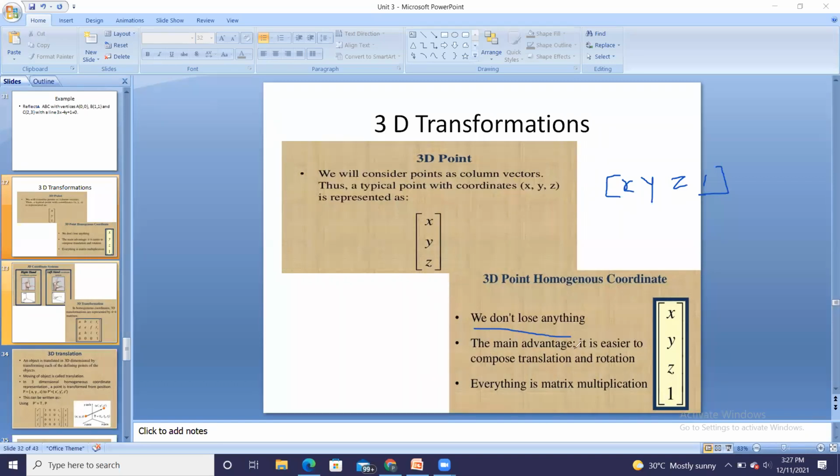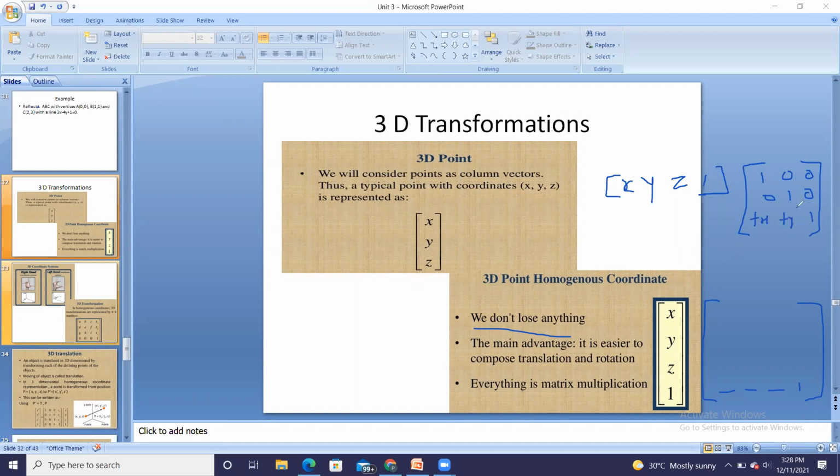The main advantage is that it is easier to compose the translation and rotation. We have already seen that for translation, we require a 4 by 4 matrix where these 3 elements will be translation along x, translation along y, and translation along z, and this will be 1. Earlier, in 2D, the translation matrix had 1 0 0, 0 1 0, and here tx, ty and 1.